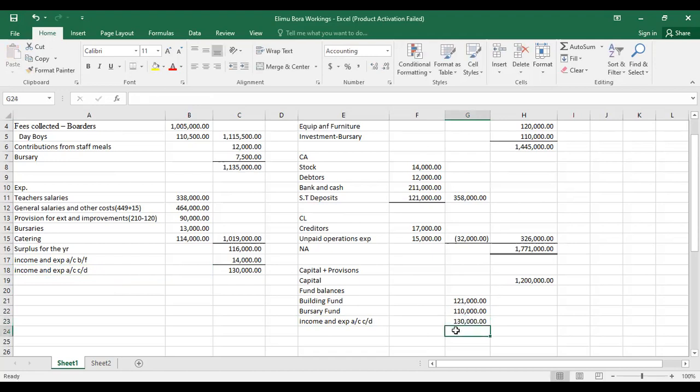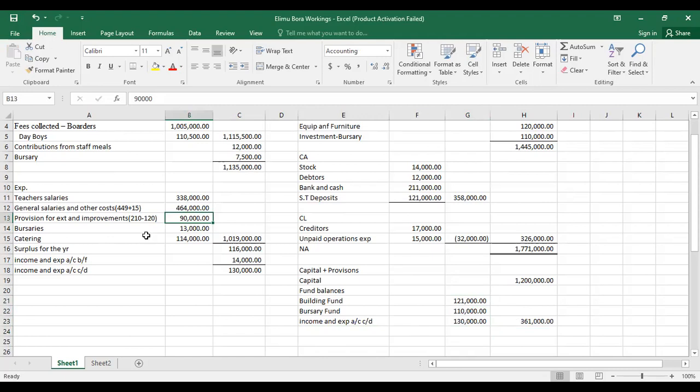Then we go to the provisions. I can add these three. There is no other fund. This gives me 361. We had that provision for extension and improvement, right?